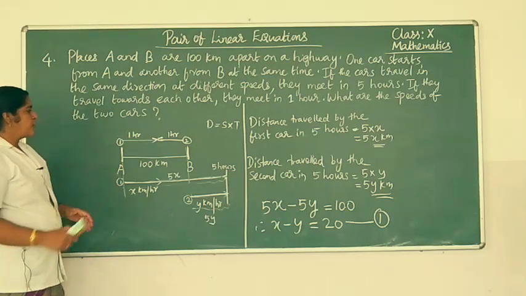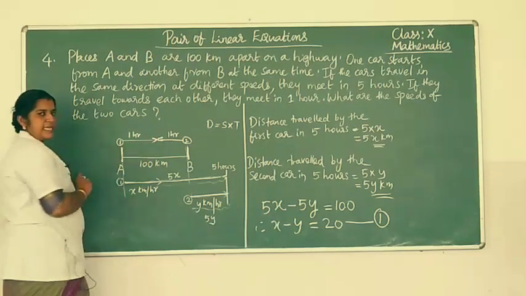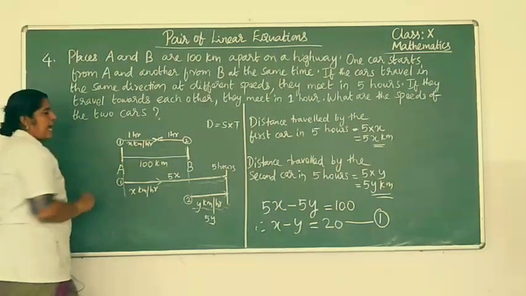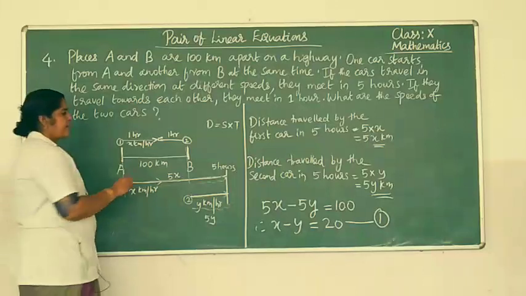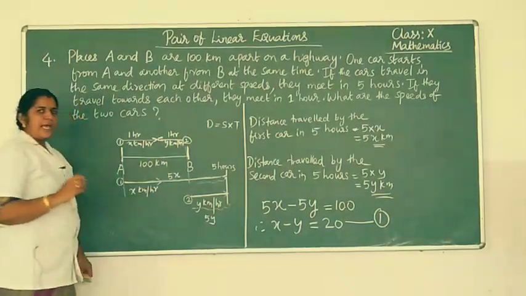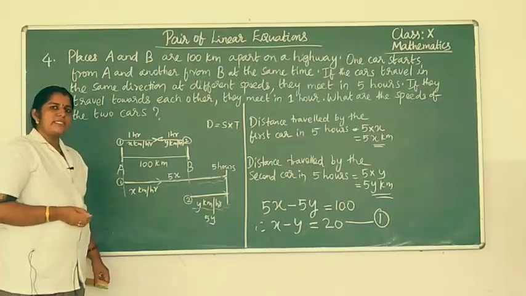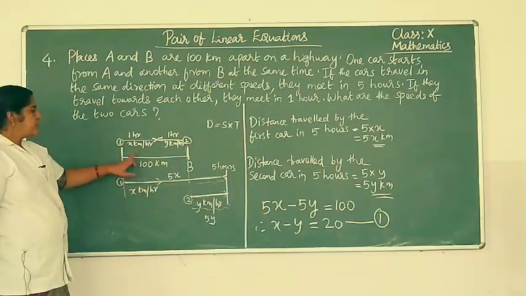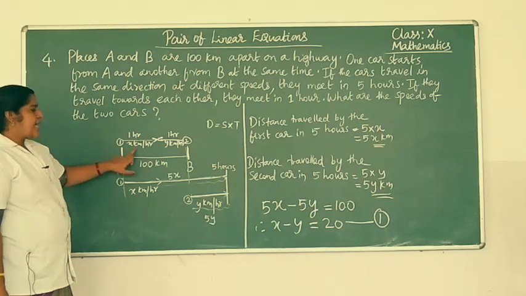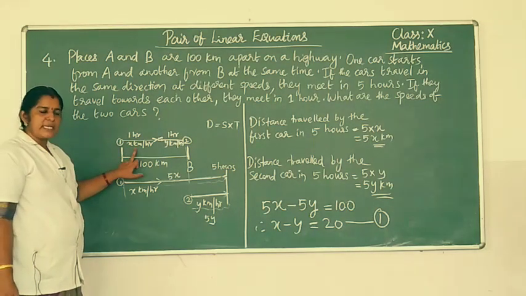Here also the speed of the first car we have assumed x kilometer per hour, and the speed of the second car y kilometer per hour, as we considered in the first case. The time taken by the first car is 1 hour and the speed is x kilometer per hour.